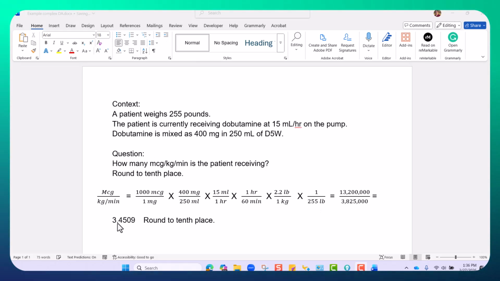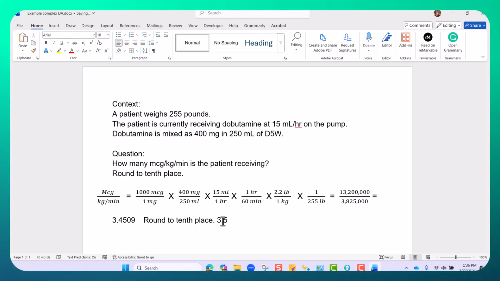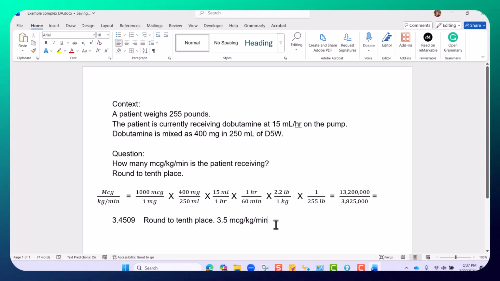When they do that math, they get 3.4509. The instructions were to round to the 10th place, and when they round to the 10th place, they get 3.5, and that is micrograms per kilogram per minute, which is what the question asked us. So now they have the correct answer to the problem.